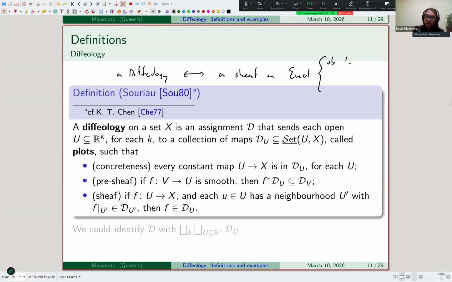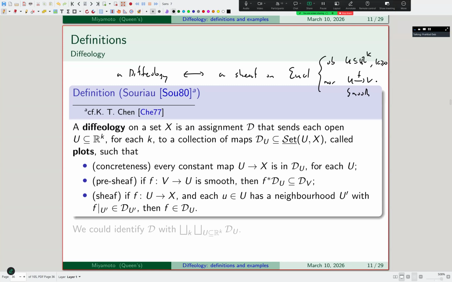So the objects are the open subsets of R^k for all k. So it's not a sheaf on some subsets of a manifold. It's not a sheaf on any given manifold. This is a sheaf on the site which is the collection of all open subsets. And the morphisms are the smooth maps between them. So this is another way to view a diffeology.